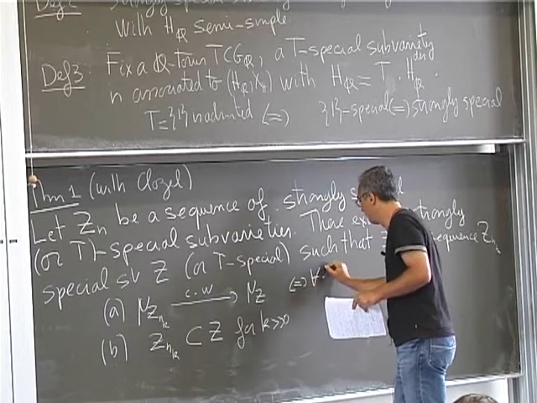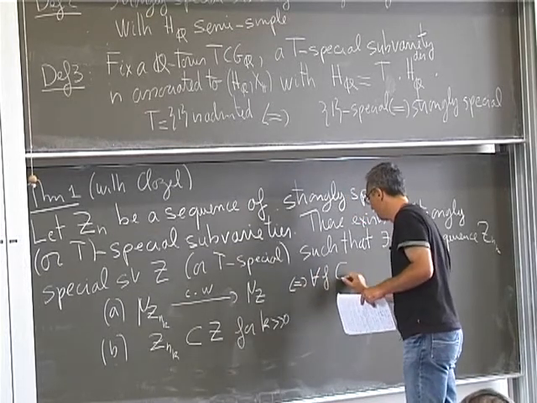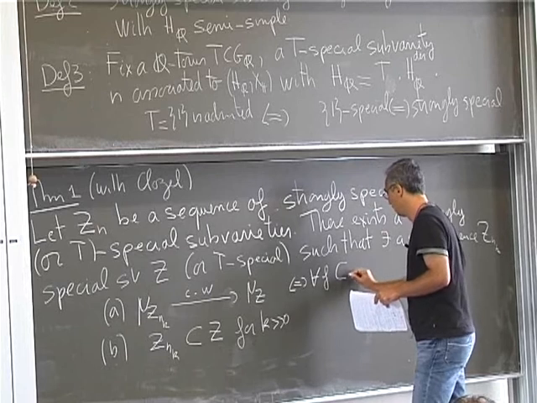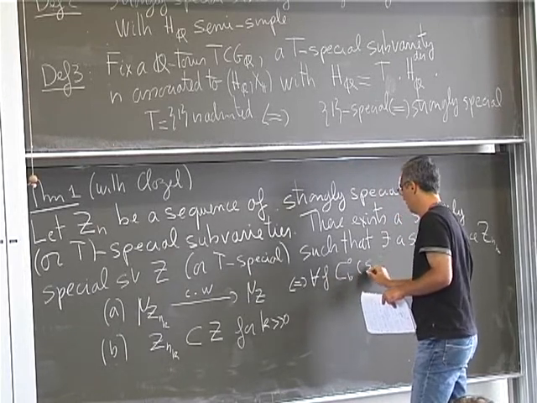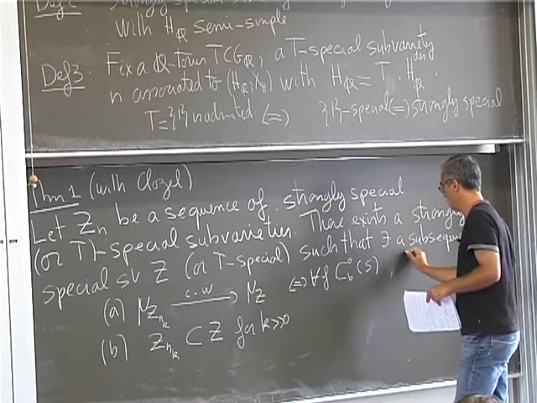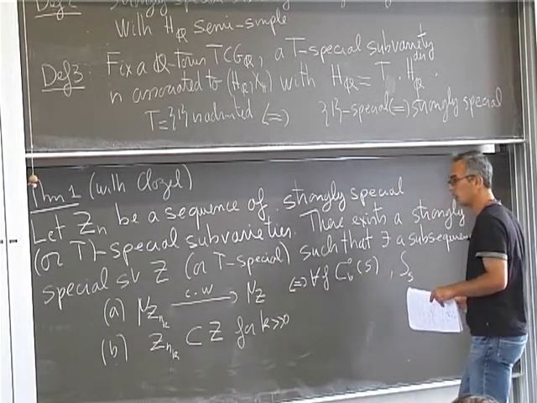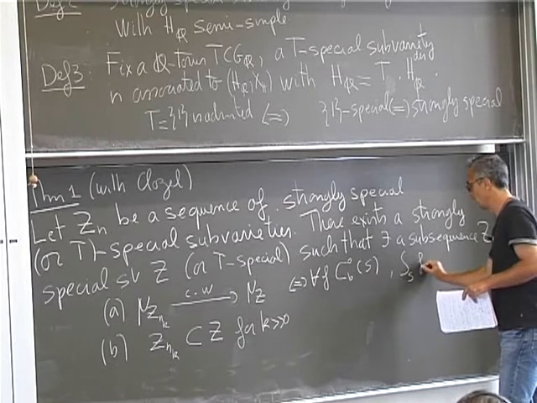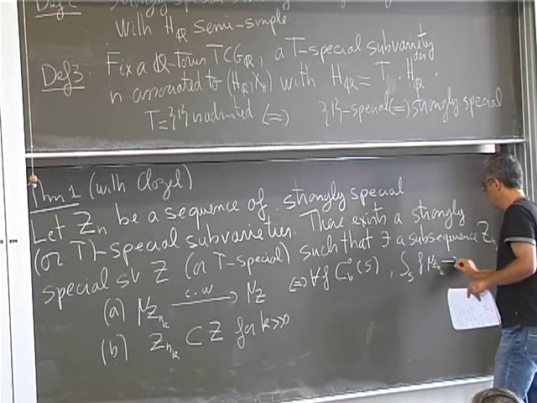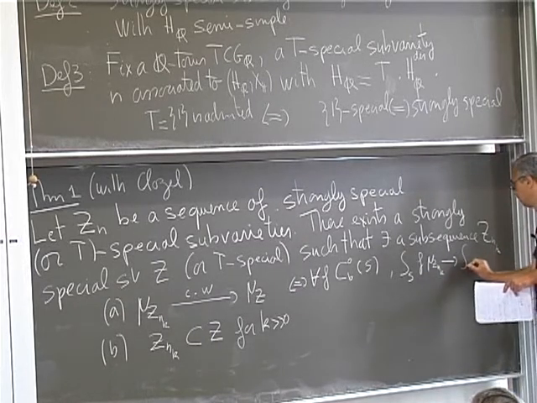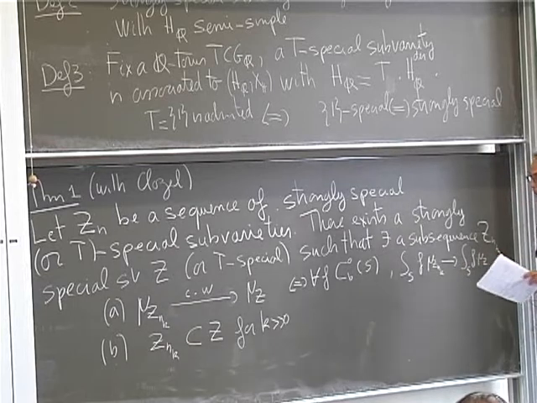for all f continuous and bounded, the integral over S of f times mu_{Z_{n_k}} tends to the integral of f against mu_Z.